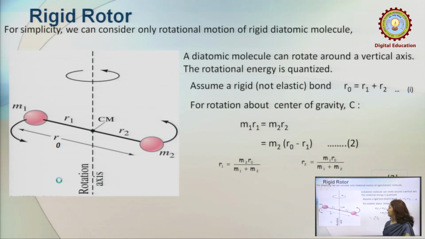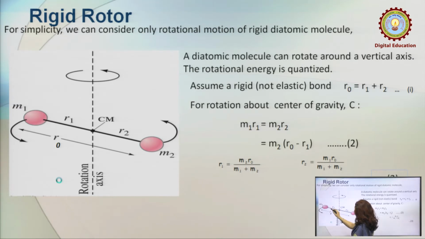Now, we are going to discuss how to calculate the moment of inertia of rigid diatomic molecules. A diatomic molecule can rotate around a vertical axis and its rotational energy is quantized. Assume a rigid, that means non-elastic, bond. These are two atoms, and this is the center of gravity.